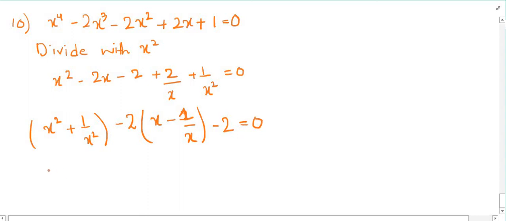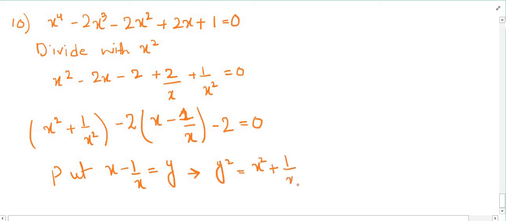Now substitute, put x minus 1 over x equals y. Take square on both sides, it becomes y square equals a square plus b square minus 2ab, which is 2. So we can write x square plus 1 by x square equals y square plus 2.